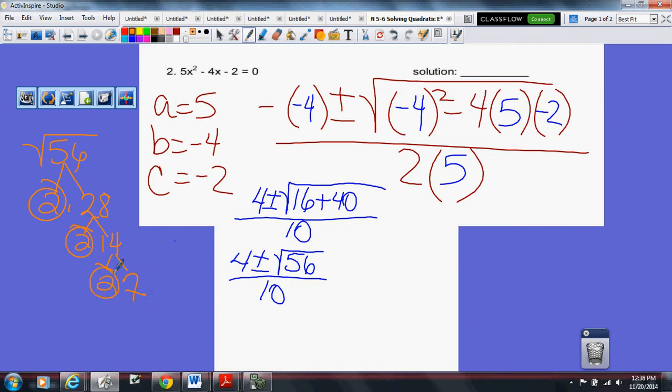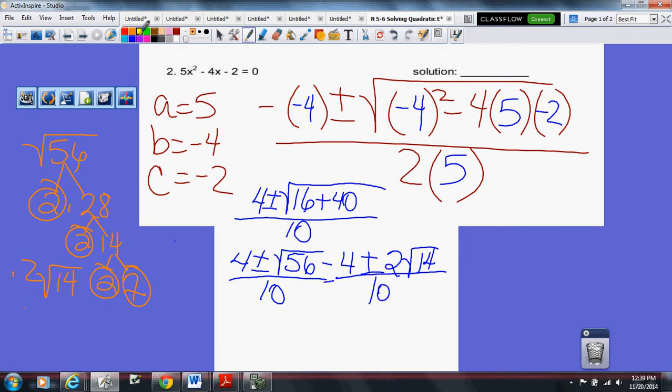So now that I have my prime factorization, I know that I'm going to be able to pull a 2 out and leave a 14 under there. So I realize what this really says is 4 plus or minus 2 square root of 14 over 10.